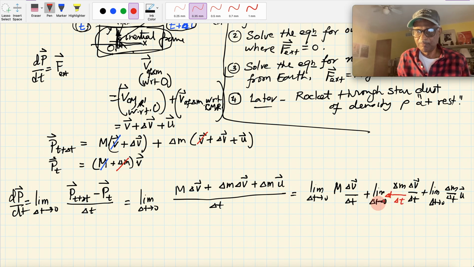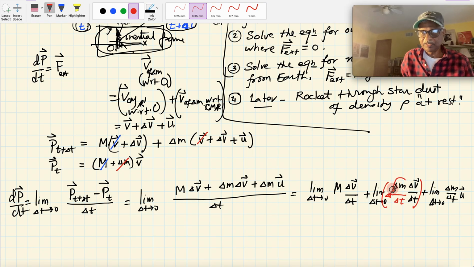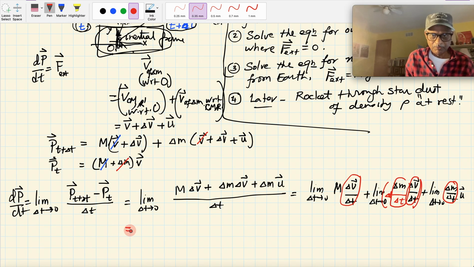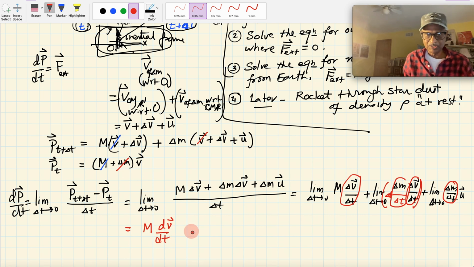Over here, this is the rate at which the mass of the rocket is changing, this is the velocity at which the rocket is changing, this is the mass rate, and this is the acceleration. So we got m dv/dt. This is the velocity of the rocket itself changing, because v was the velocity of the rocket.